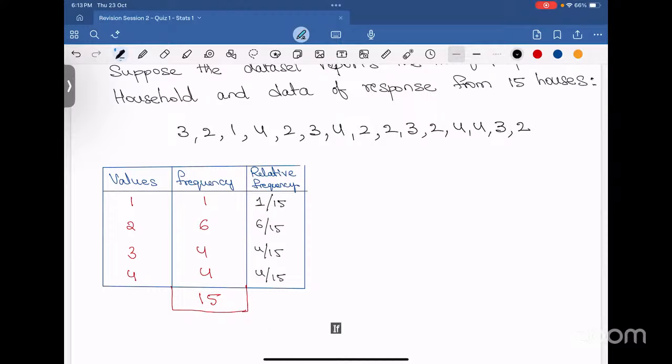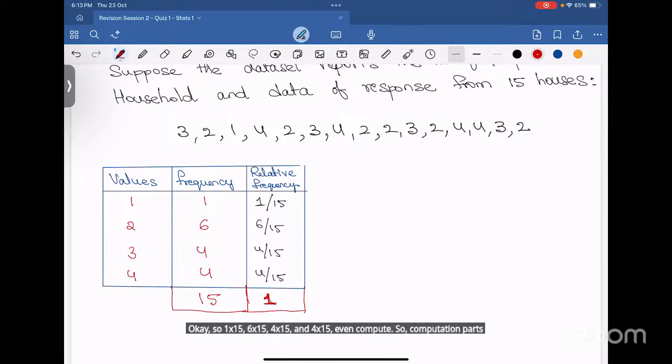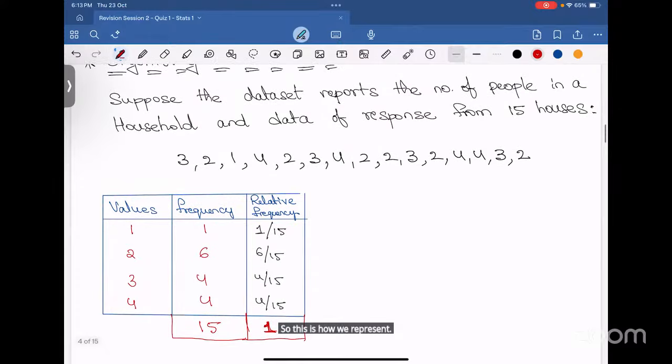If I add all the relative frequencies, what will I get? 1. You can cross check your answers: it's 15 by 15, which gives us 1. The computation part I will not be doing; I'll just show you how to compute. So this is how we describe this data set.